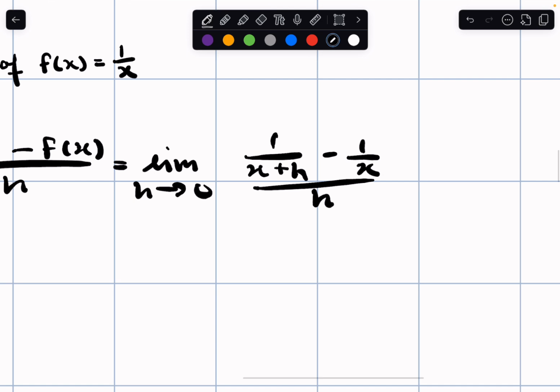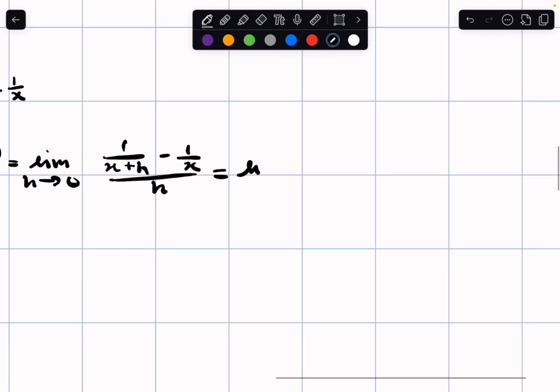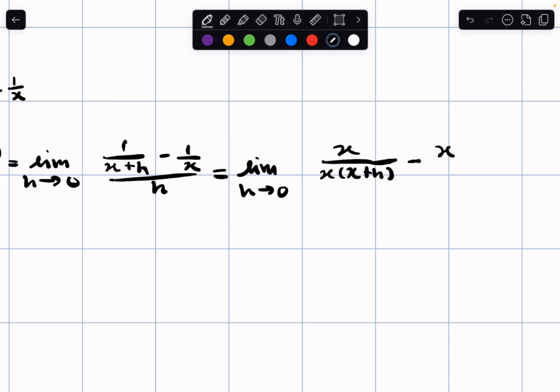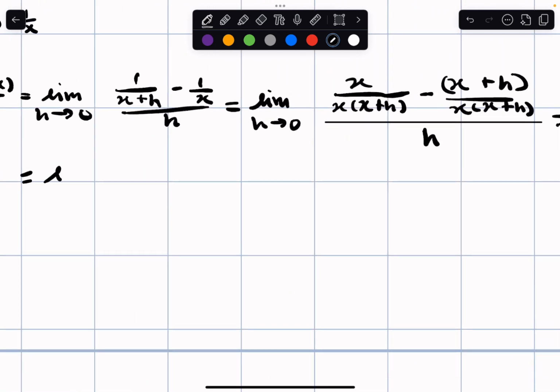So now we have sort of a rationalization problem where we have to add the two top fractions. So let's go ahead and do that. So we have the limit as h approaches 0 of x over x times x plus h minus x plus h over x times x plus h. Then the minus sign will be distributed into here, so we'll put parentheses around there. Then h on the bottom, or the denominator. So then we'll do the limit as h approaches 0.